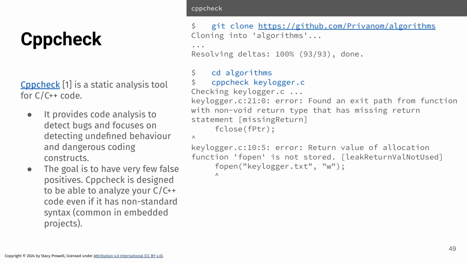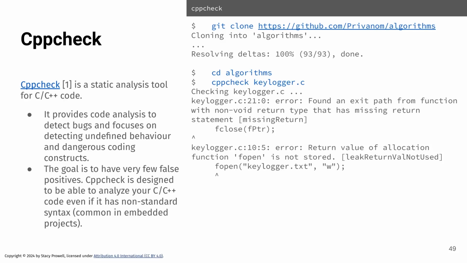So, for example, I went out onto GitHub and I grabbed a repository and cloned it. And then, just for fun, I did a CPP check of their keylogger.c. And it immediately says, hey, I found an exit path from a function with a non-void return type that was missing a return statement.